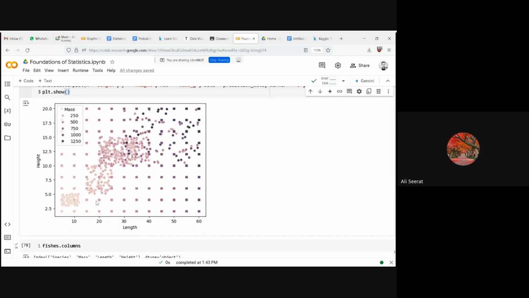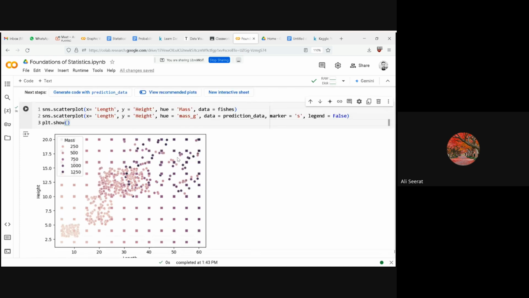So these are the squares, the predicted ones, and the dotted ones are the actual values.